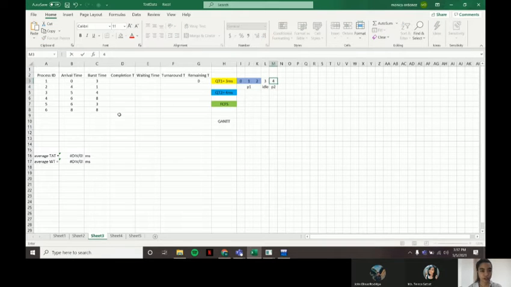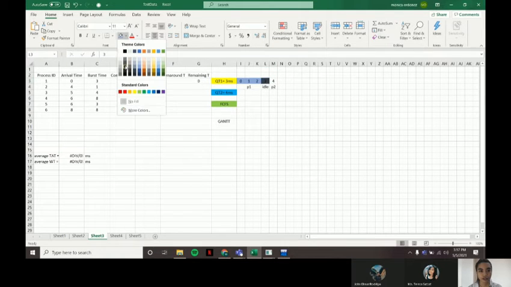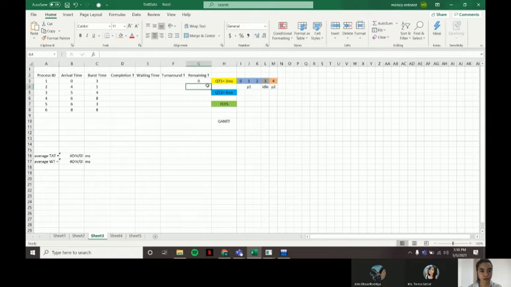The burst time of process 2 was 1. So all the burst time for process 2 was completed, so there's no remaining time.